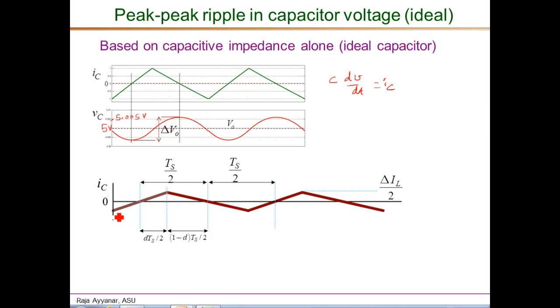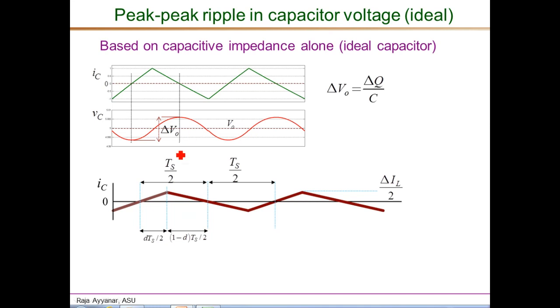Once again, this is the capacitor current waveform. We could consider either the positive portion of the current waveform or the negative portion. Both have identical wave shape, and they obviously give identical results. So let's consider the positive portion of the waveform.